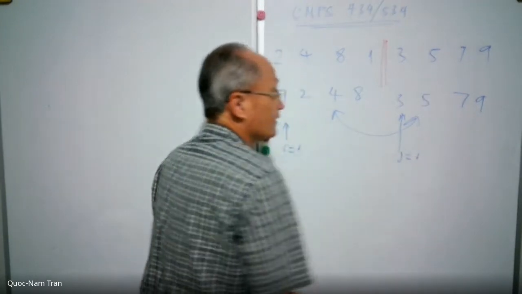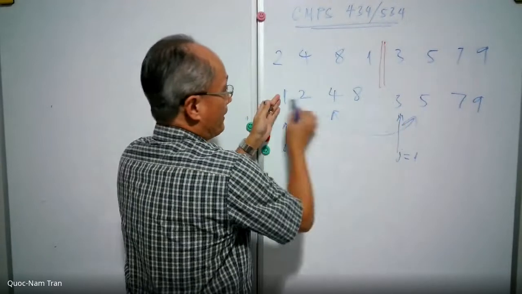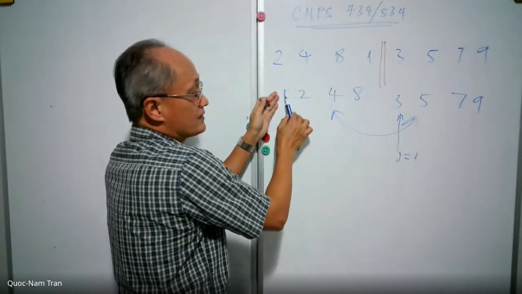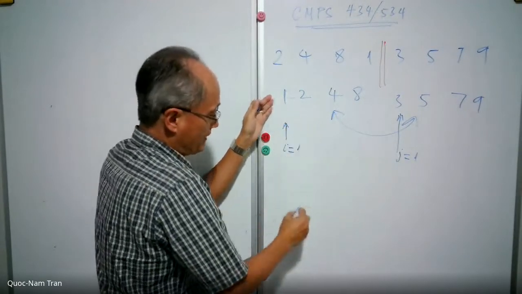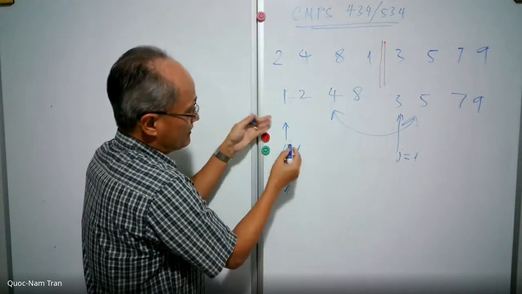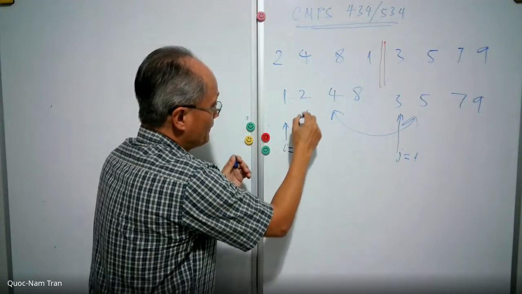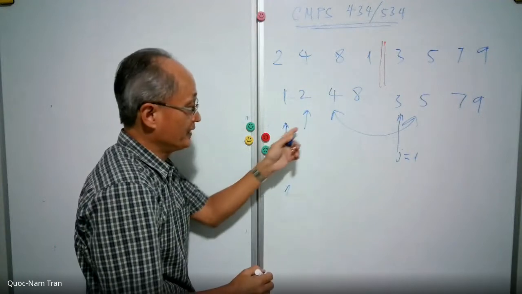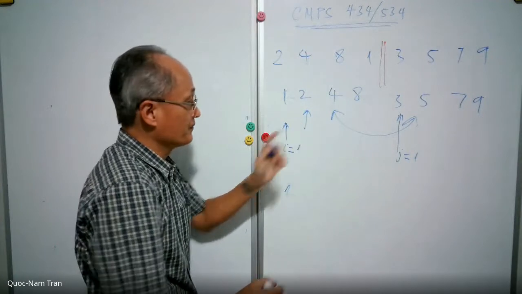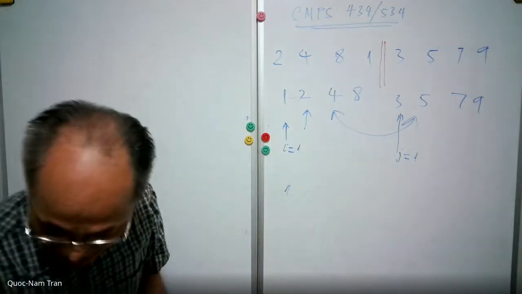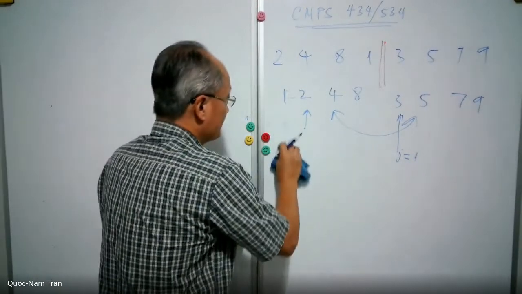And I compare. This one is smaller, I will write it down, and at the same time advance the I. So I will be here now, meaning I is 2.